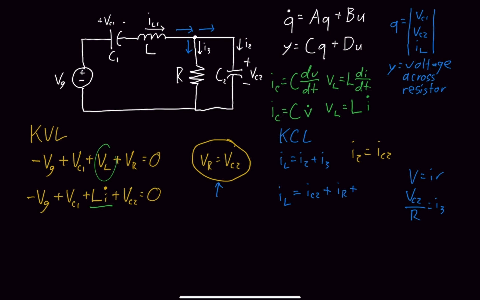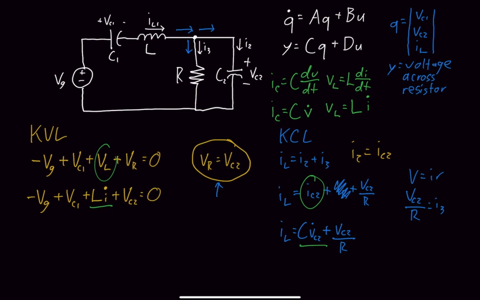Let's throw that in there: plus VC2 over R. Here we've got another state variable that we found, because this is going to become IL equals C VC2 dot plus VC2 over R. So cool, now we've got our second.